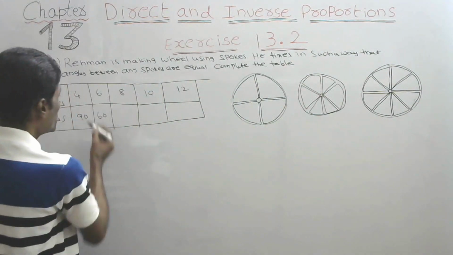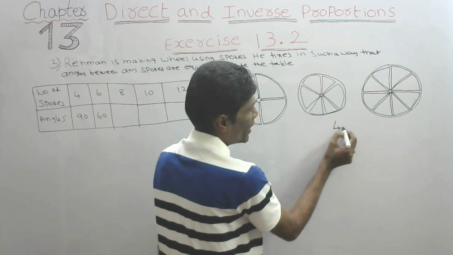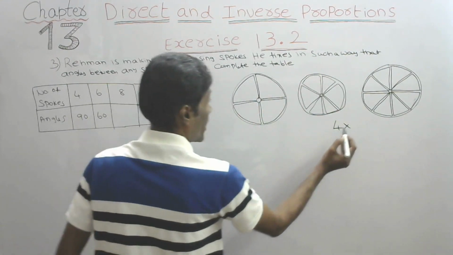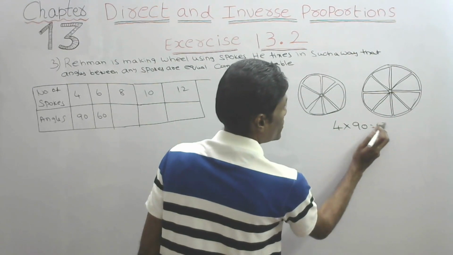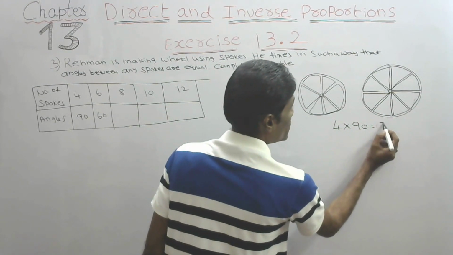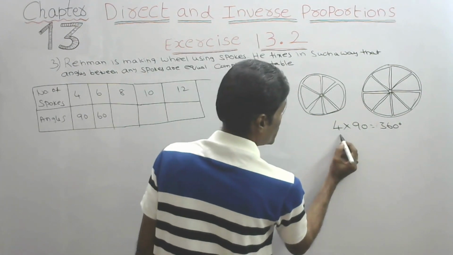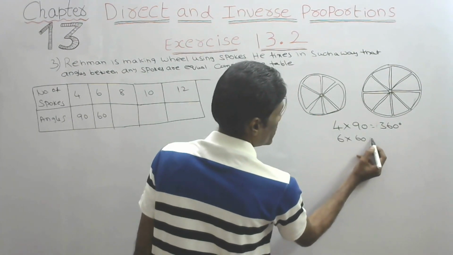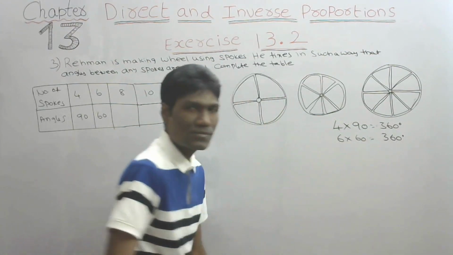Now first see 4 into 90. 4 9s are 36, so this is 360 degrees. Next one, 6 into 60. 6 6s are 36, 0, 360 degrees.